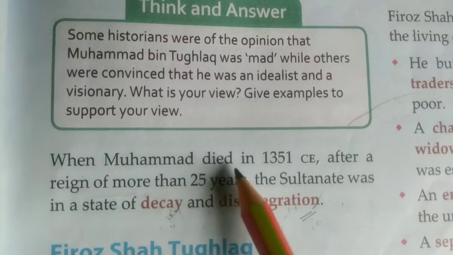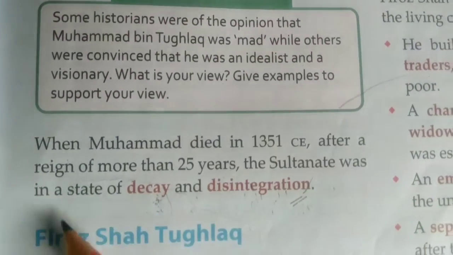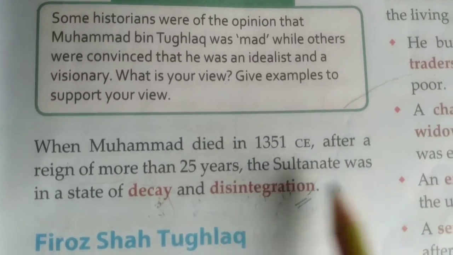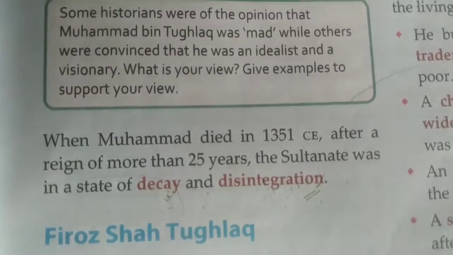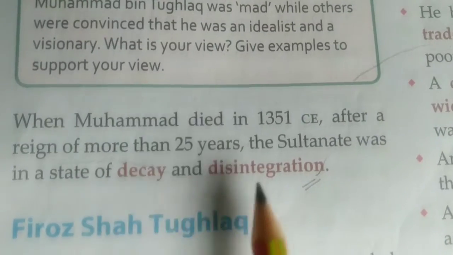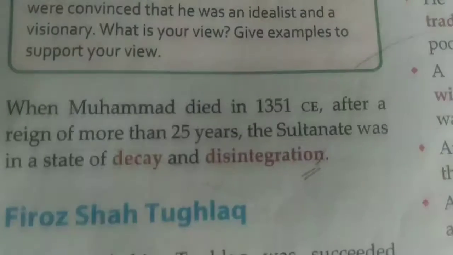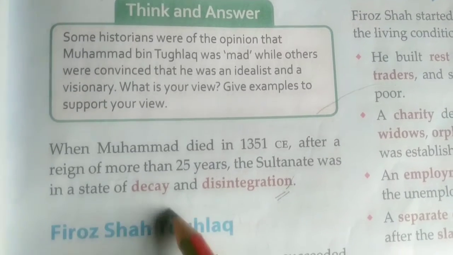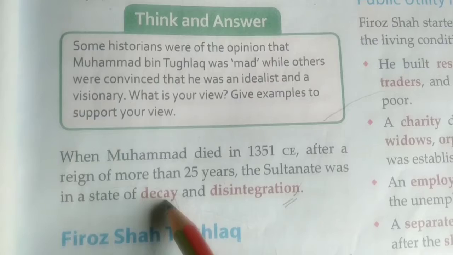When Muhammad died in 1351 CE, after a reign of more than 25 years, the Sultanate was in a state of decay and disintegration. Right? What do you mean by the term decay and disintegration? Here the word decay means breakdown.